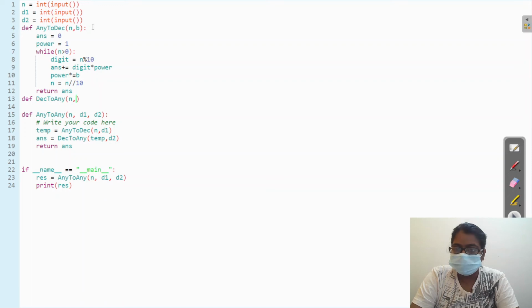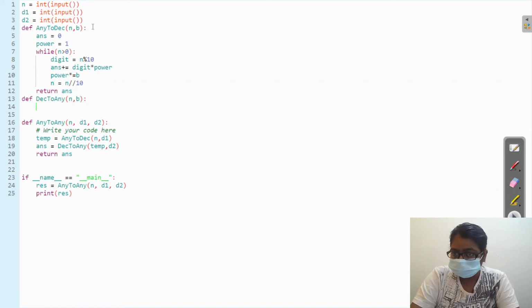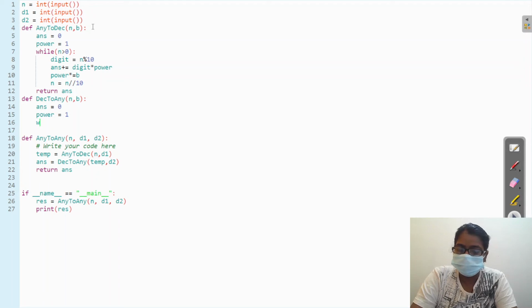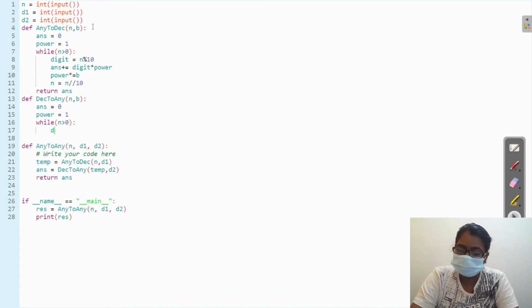Similarly, let's write the second function, decimal to any, and pass n and b. Initialize the answer equal to 0 and power equal to 1, while n is greater than 0, digit will be n modulo b.